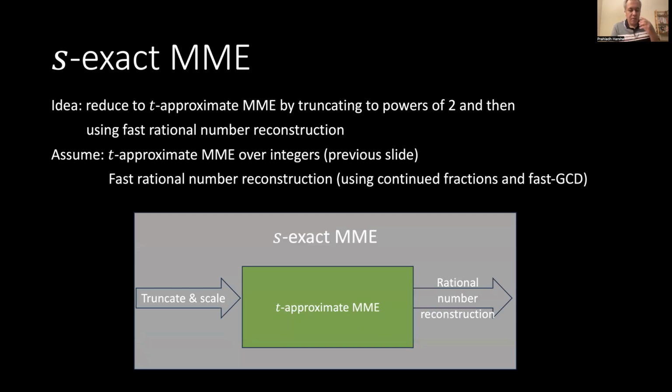That is, given an unknown rational number and a good enough rational approximation to it, we can actually construct the rational number from it. This uses fast rational number reconstruction, which in turn uses fast GCD algorithms. Putting these together, we thus reduce the S-exact MME to the t-approximate MME.